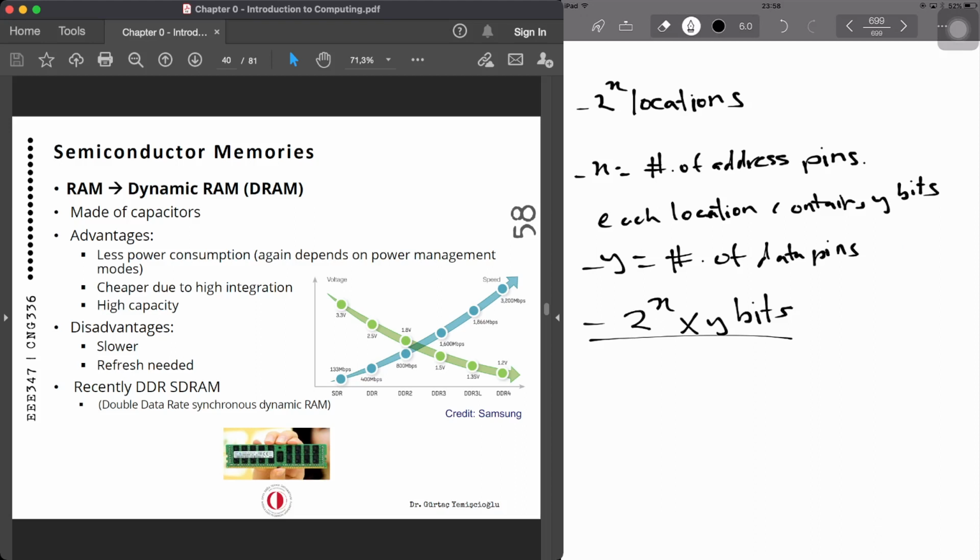Their capacity was like 1024 bits. It generally uses a capacitor to store each bit. So you're actually charging a capacitor, and you don't need any transistors to build these cells. However, the problem is that as the capacitors slowly discharge over time, you have to refresh them. So you have to recharge them so that they hold the charge. And they're slower compared to the SRAM memories.